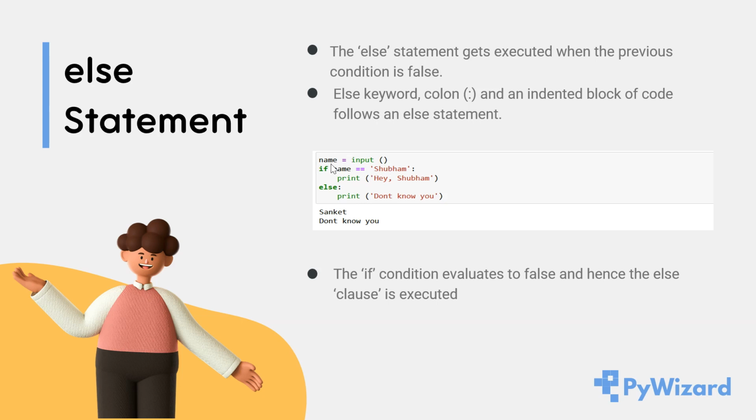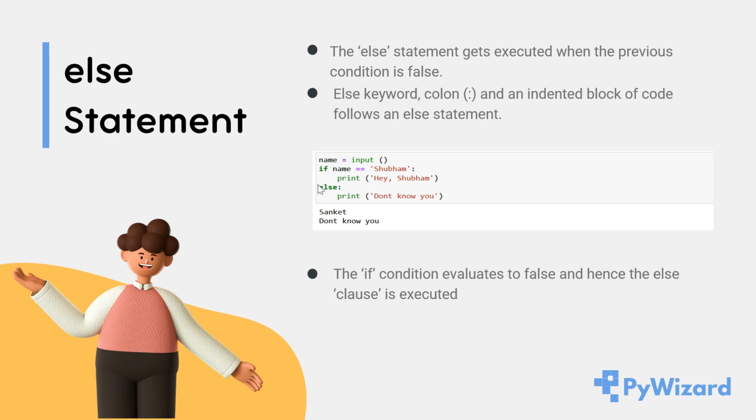We are providing name as an input. If name, that is your comparison operator, equal to Shubham, then print hey Shubham, else colon, indented block of code, print don't know you. So the if statement would get skipped if this condition does not satisfy.